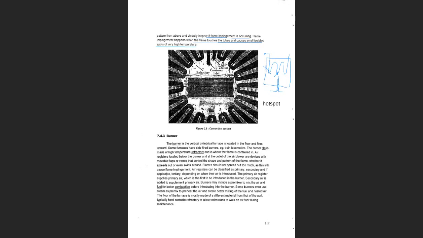طيب when you talk about the burners يا شباب, there are many different types of burners. The book only explains one common type of them. Is located the burner in the vertical cylindrical. لاحظوا أنه يركز على الفيرتيكال لأنه هو يعتبر أشهر نوع. The burner is located in the floor and it fires upward.